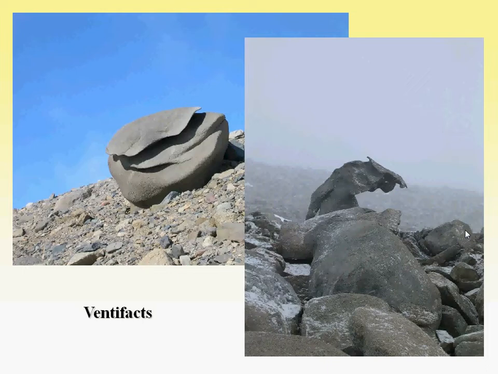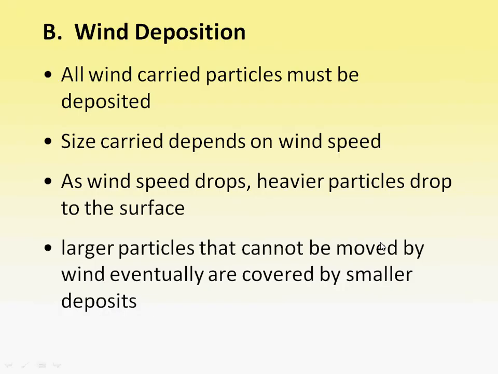What goes up must come down. So when the wind picks up the sand, eventually it's got to go somewhere. So where does it go? It goes on the ground. Now here's the deal.